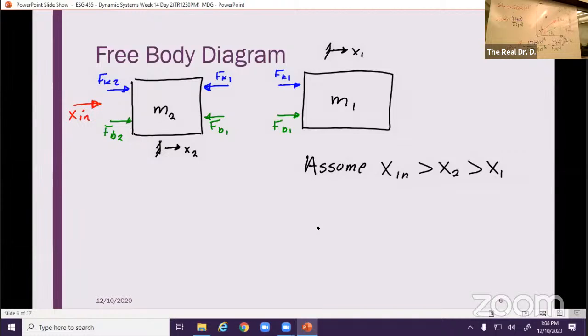So if I flipped it, say I said that K1 and B1 were in tension, I would get x1 minus x2, and then the sign in front would also change, which would bring it back to what I originally had written for compression. So the signs will take care of themselves as long as you're consistent and you've drawn the force the correct way.